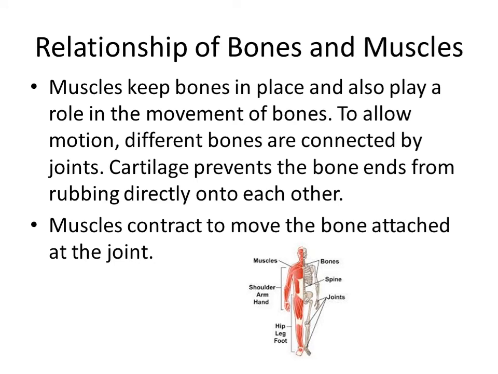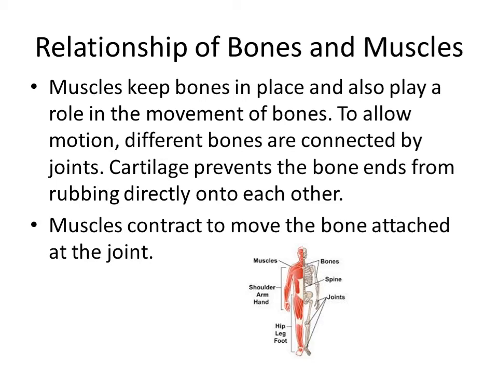Okay, so we have been discovering information about the muscles. But indeed, what is the relationship of bones and muscles? Well, muscles keep the bones in place and also play a role in the movement of bones. To allow motion, different bones are connected by joints.